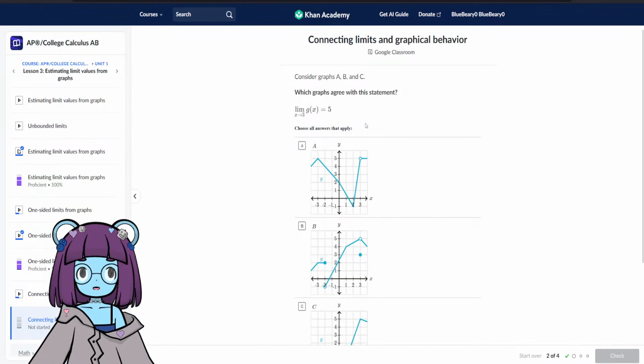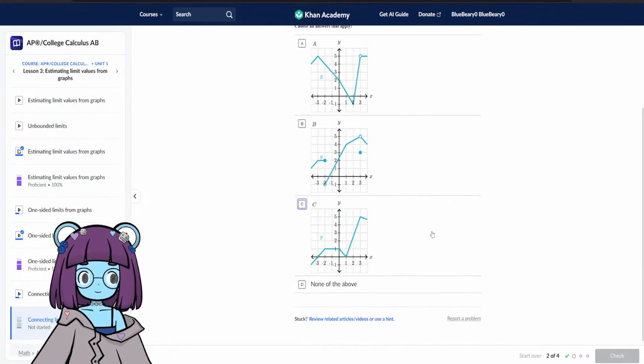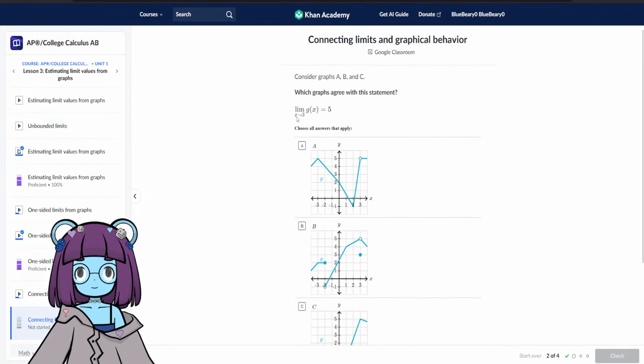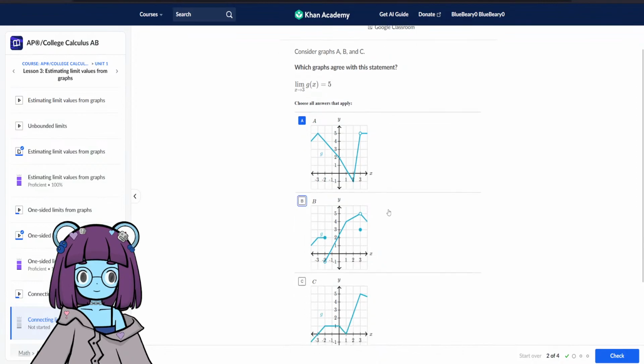Which graphs agree with this statement? Interesting format. The limit of g of x as x approaches 3 is equal to 5. So this one, because it's approaching 5 from both sides when x is going to 3.